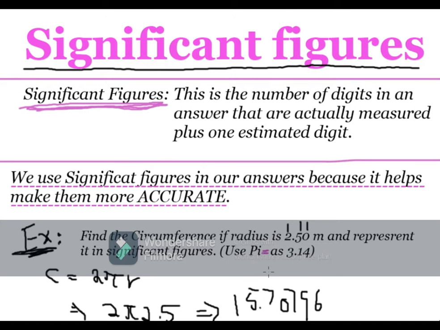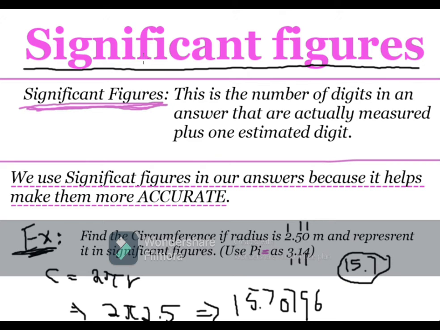And when they say use pi as 3.14, that means pi has specifically 3 significant figures. Since they say 3.14, they could have said 3.1, and that's it. But they said 3.14. So I rounded to the nearest 3 significant figures, which is 15.7. So that's the answer for this.